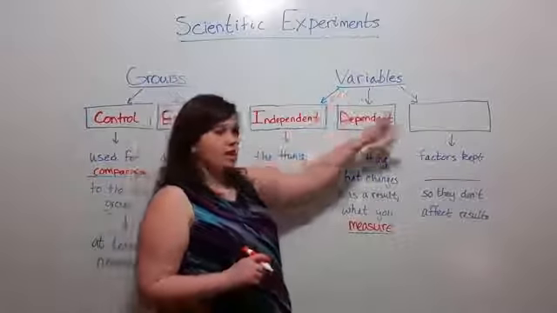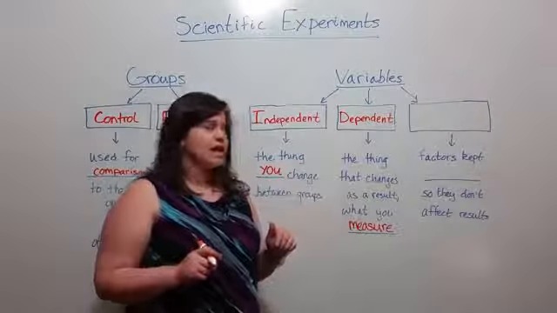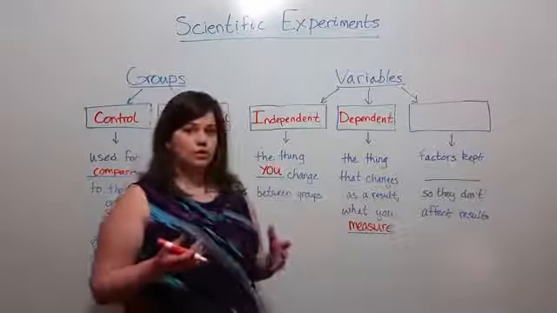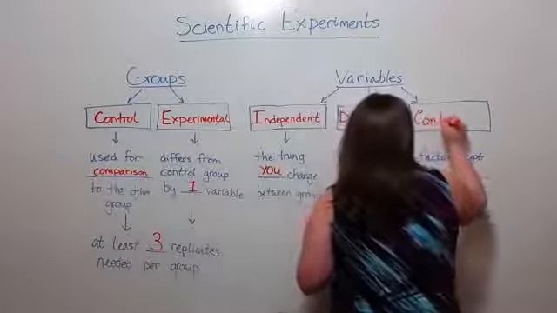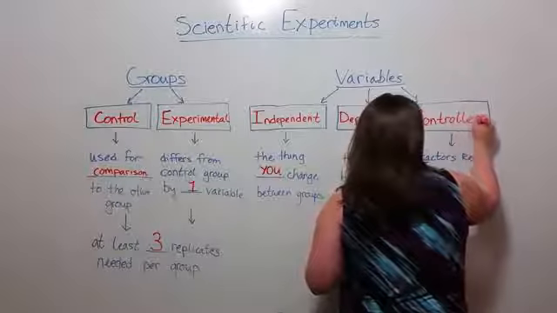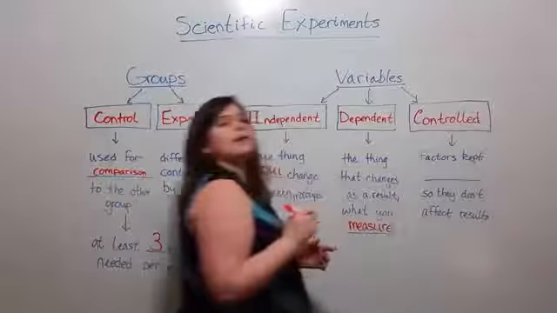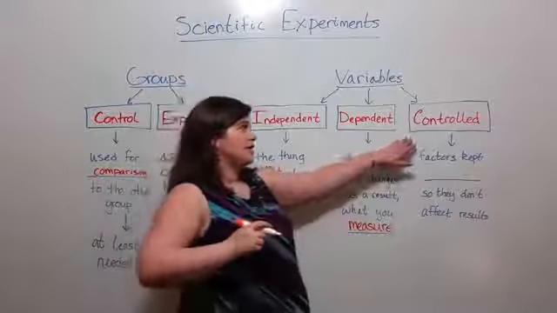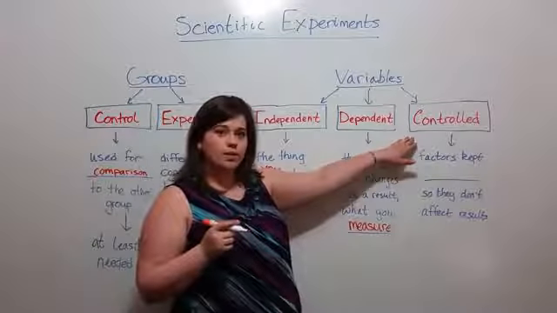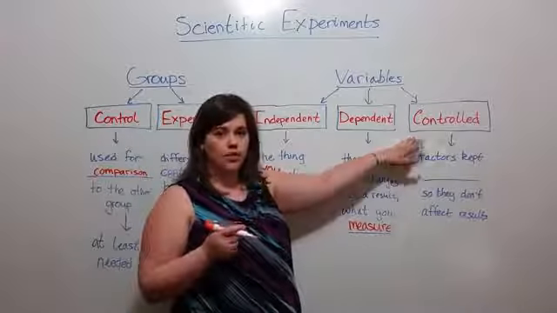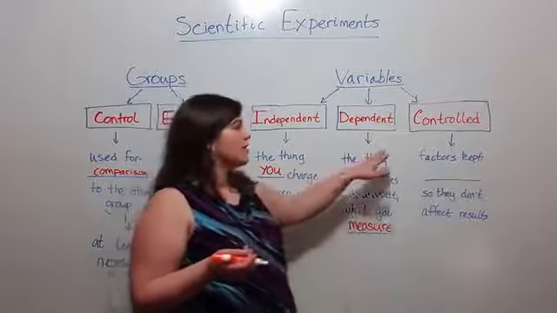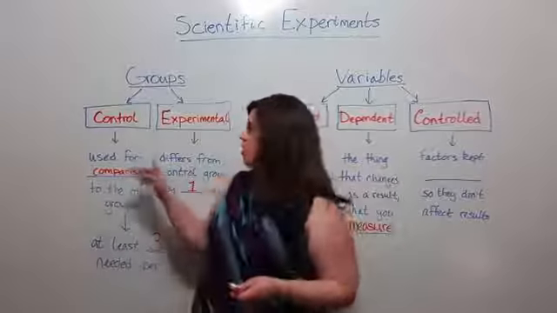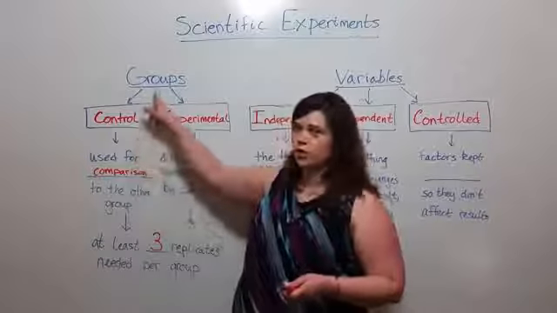The third type of variable to keep in mind is called the controlled variable. Now, there are a few different names for this. The controlled variable or the control variable, or sometimes just called the controls. And of course, this can be a little confusing when you are also talking about a control group.